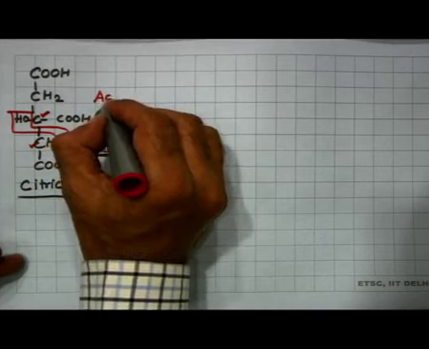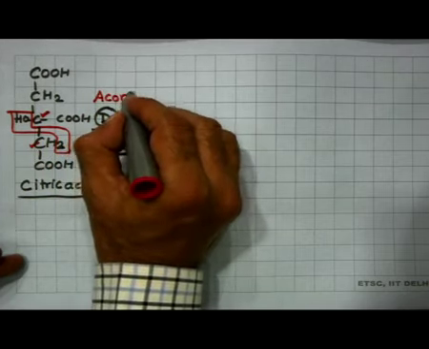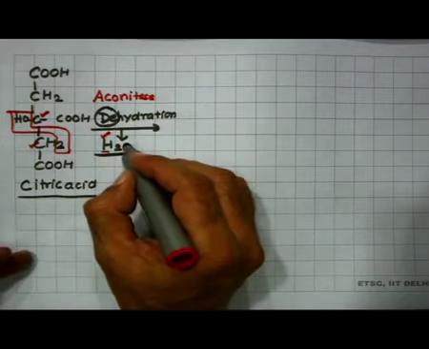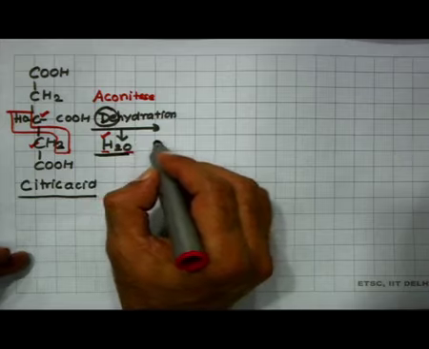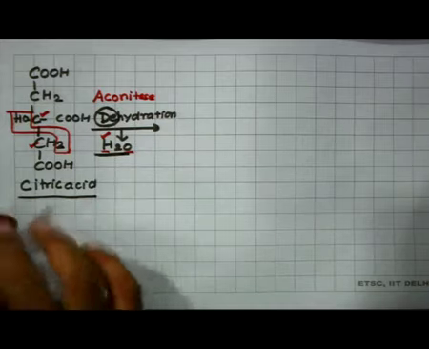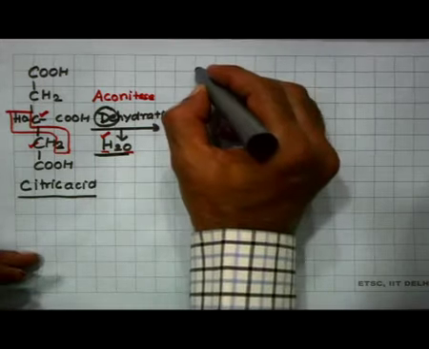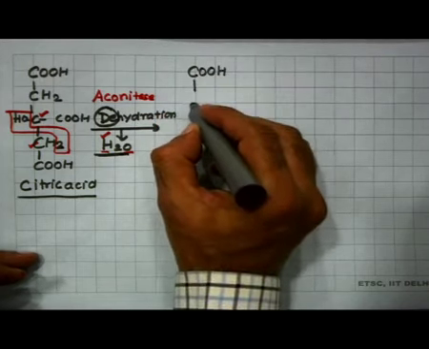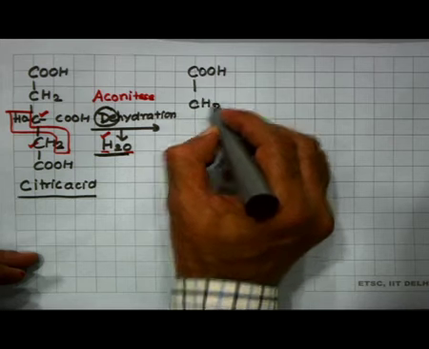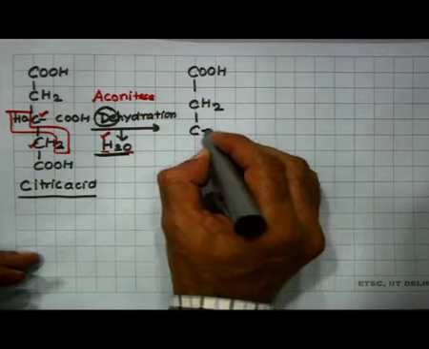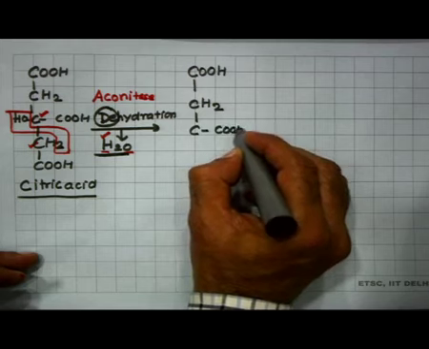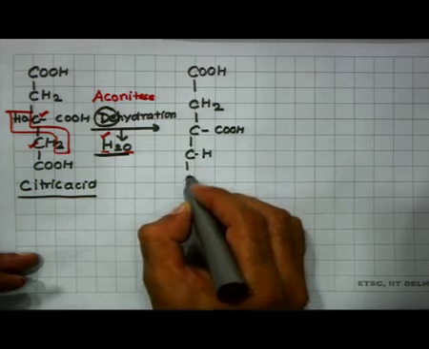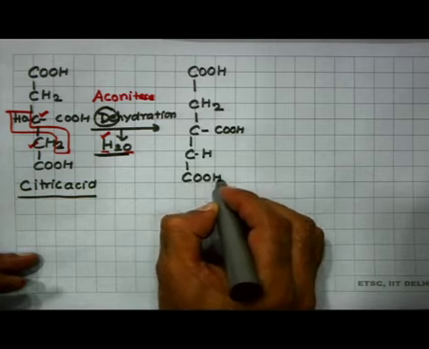The enzyme involved is called aconitase. So, this process is called the dehydration process. Now, the structure you can easily write. After removing the water from the citric acid, the rest is COOH. Here CH only remains, and COOH.